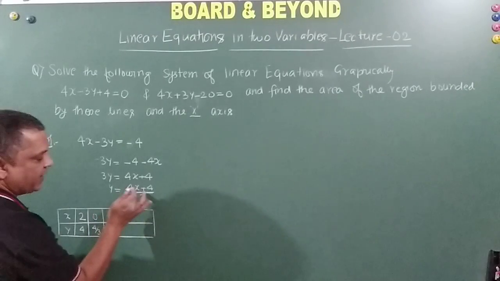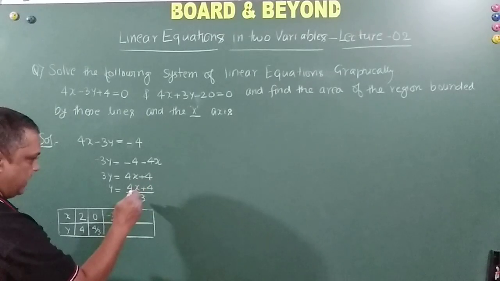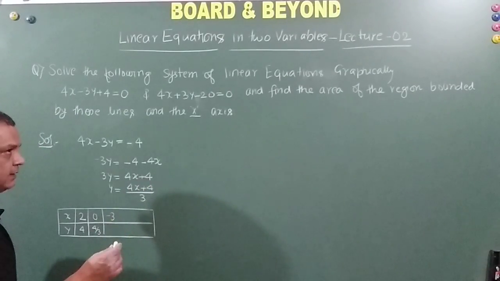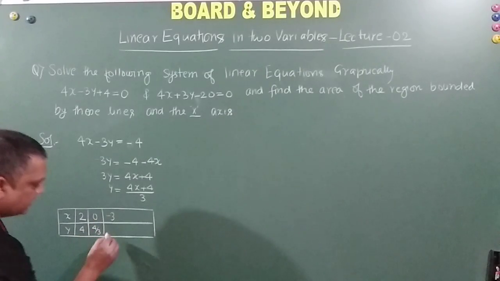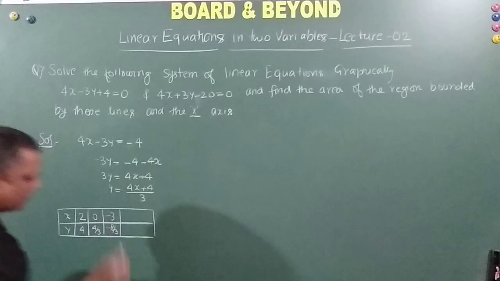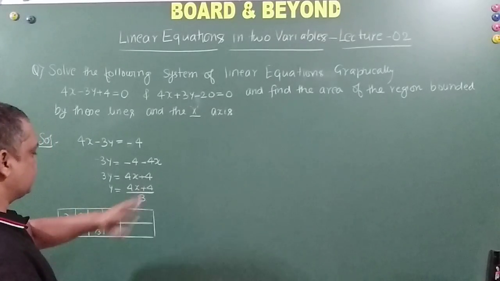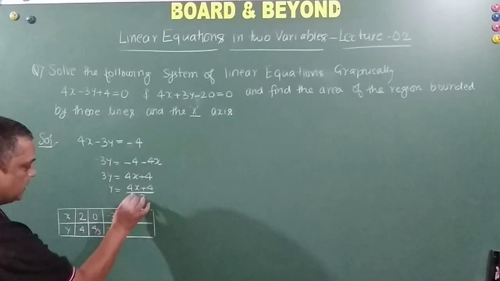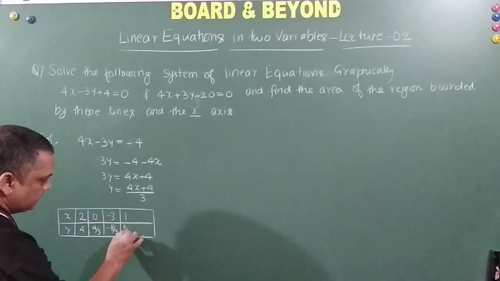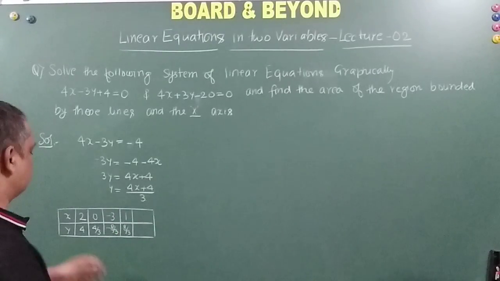This becomes minus 12 plus 4, that is minus 8, divided by 3, so minus 8 by 3. No problem, we will plot this. Let's take x is equal to 1. If I take x is equal to 1, this becomes 8 by 3. I think that is enough for us to plot.